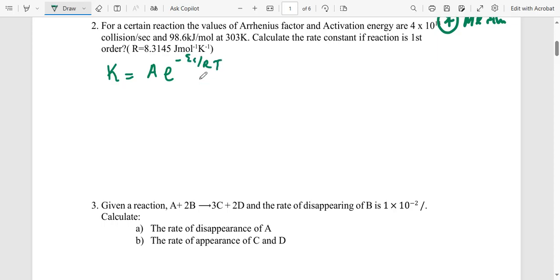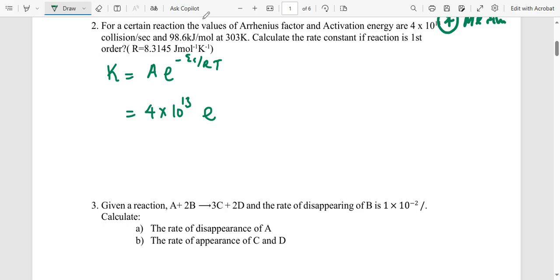So A, which is the Arrhenius factor, has been given as 4 times 10 to the power 13 collisions per second. E is Euler's number, 2.7. I'll just write E because your calculator has E there. The activation energy has been given as 98.6.